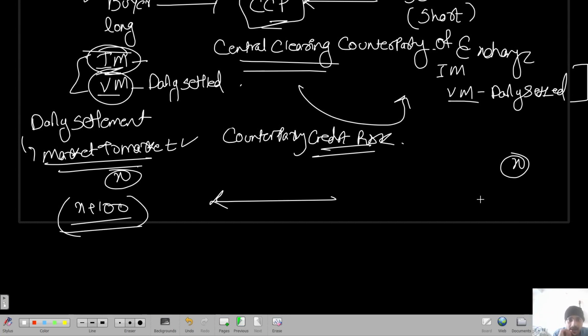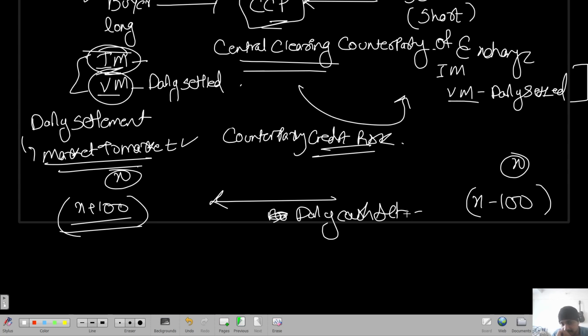The amount will move from the person who has shorted to the buyer's account. So there is a movement of flows. This is due to daily cash settlement.